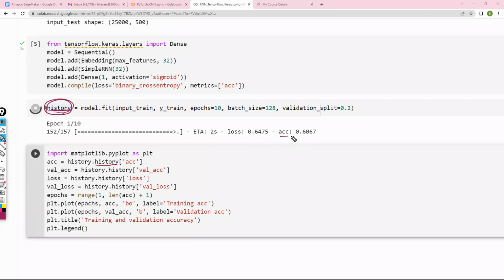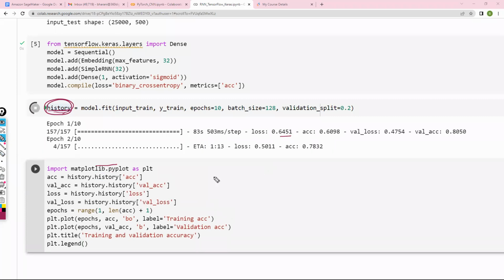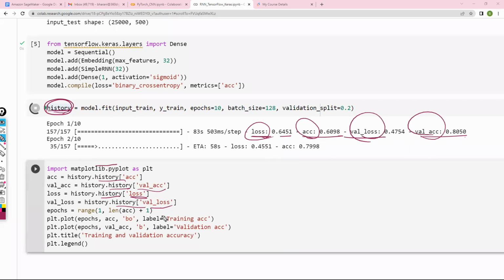History has accuracy details, okay? And this history has validation accuracy, and this history has loss. This history has validation loss. So all four: loss, accuracy, validation loss, and validation accuracy are there.